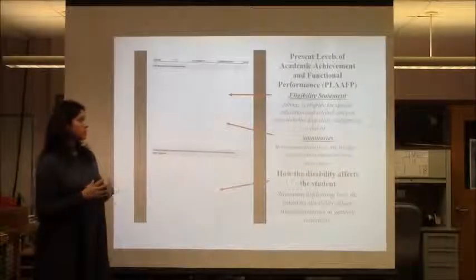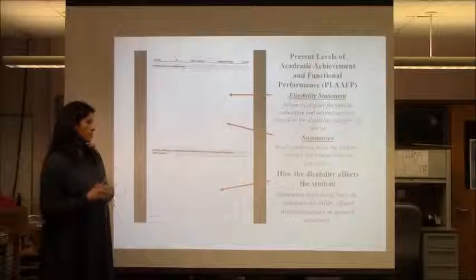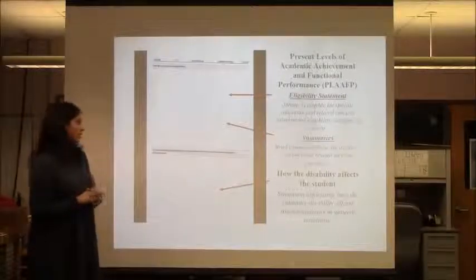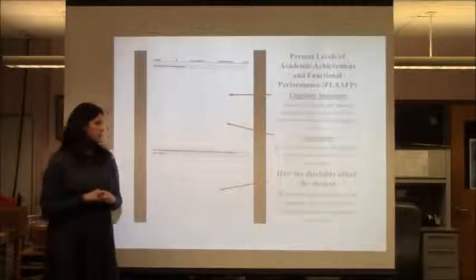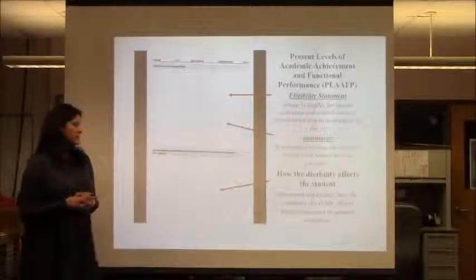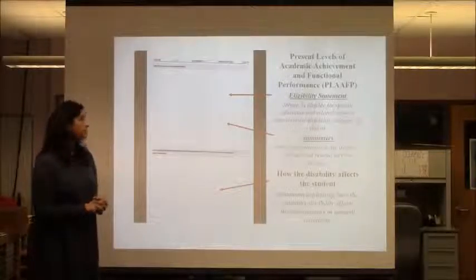And it also includes an eligibility statement, the reason why they're eligible, and the summaries, as I indicated. And then this section on the bottom indicates how the disability affects the student. So just a statement explaining how the student's disability affects his or her progress in the general education setting.